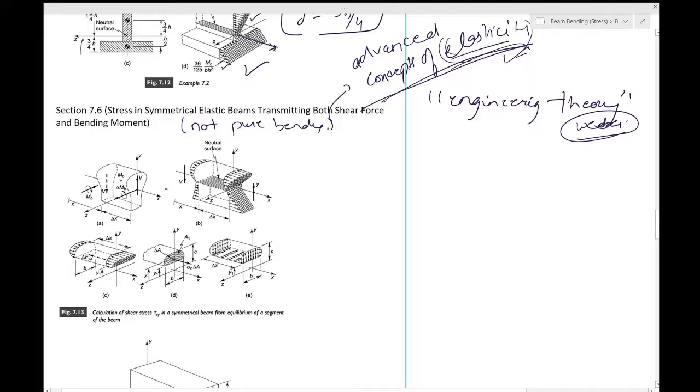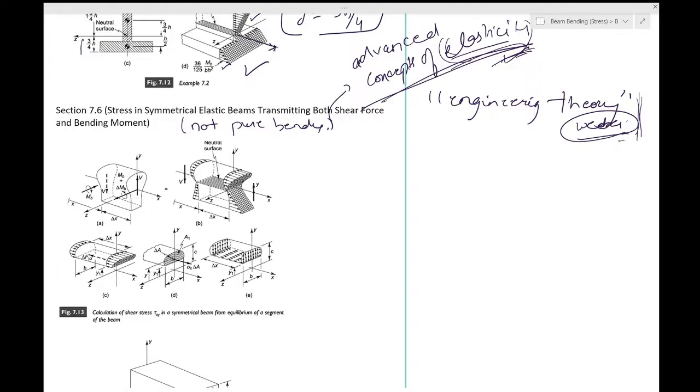But in most of the advanced applications, this is something which you use. In many research and development methods, you only go with the elasticity theory. But since there are many other places where the results given by this engineering theory, which is weaker than the actual elasticity theory, work, we will study this over here.